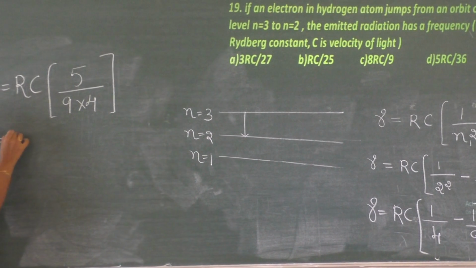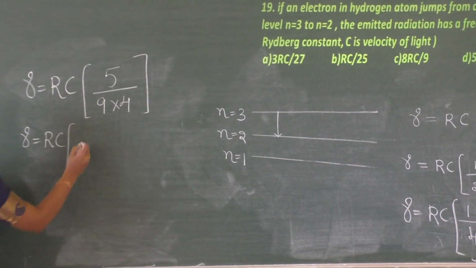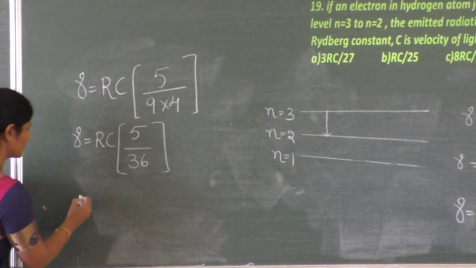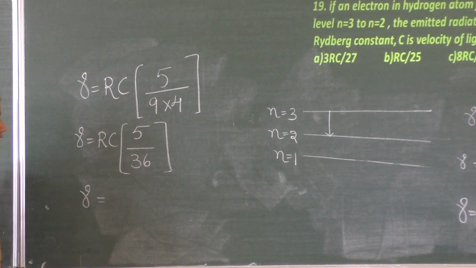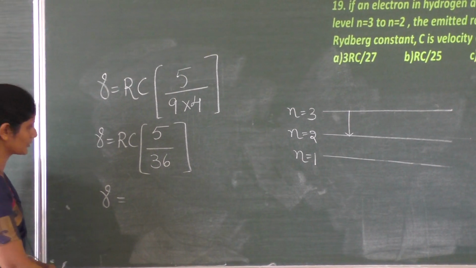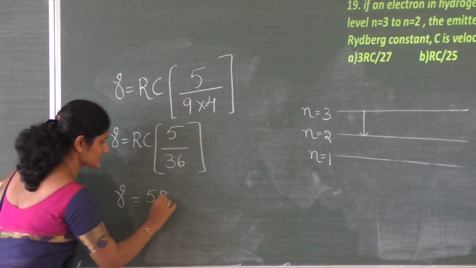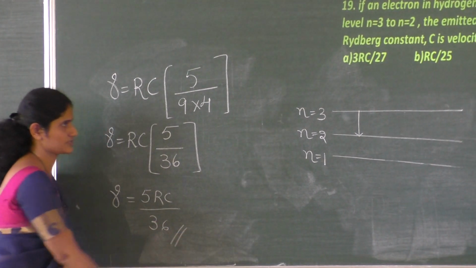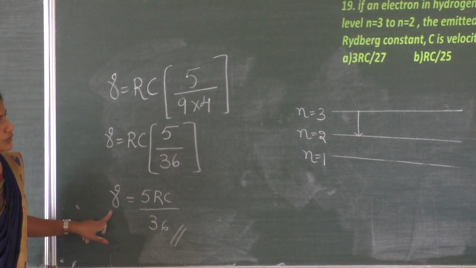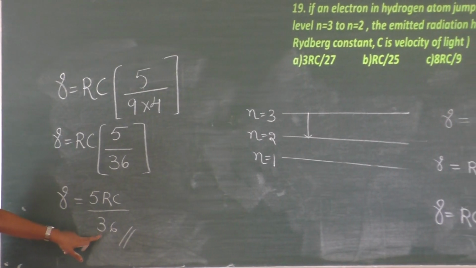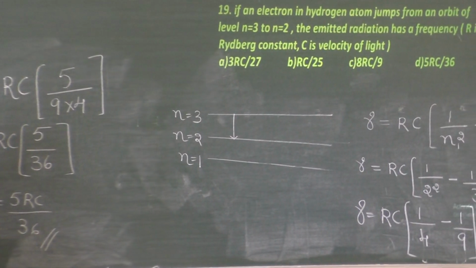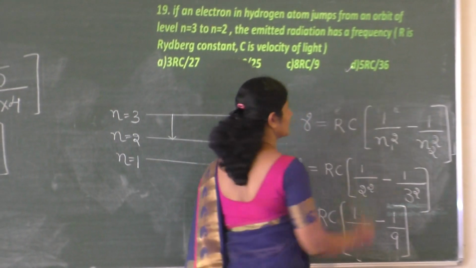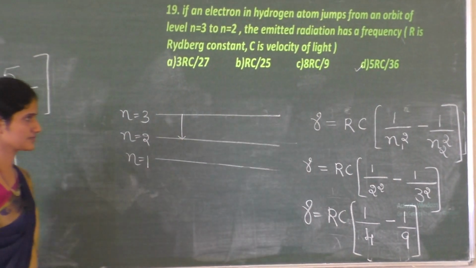So the frequency of the emitted radiation nu is equal to 5 Rc divided by 36. R and C are the constants. The correct answer is option D, 5 Rc divided by 36.